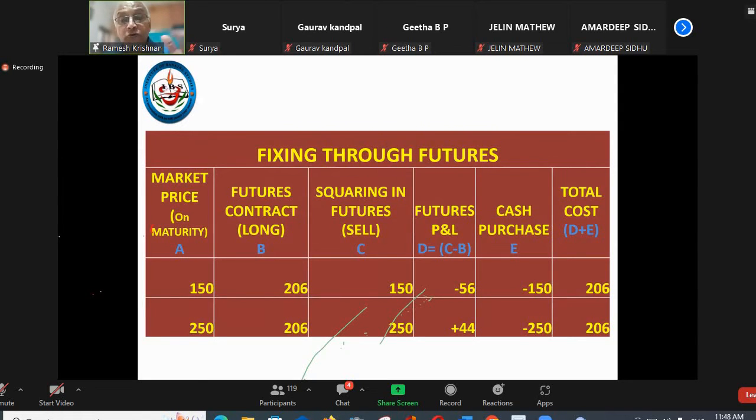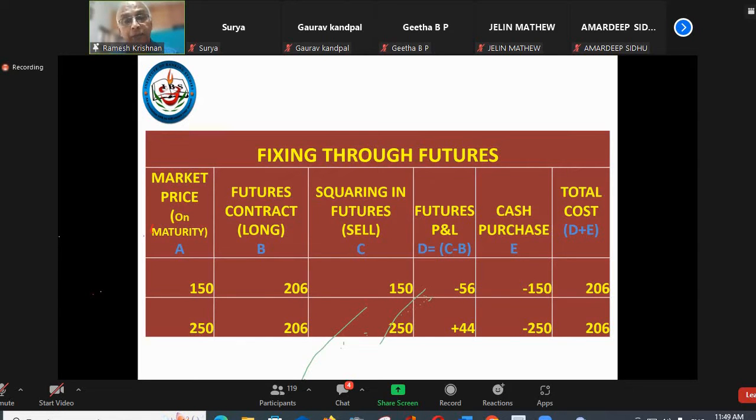Now the settlement procedure in the futures exchange is that nobody carries all the cement to the exchange and does a settlement and carries it back. It is only cash settled and net settled. If you have sold on the futures exchange, you will buy back on maturity date. If you have bought on the futures exchange, you will sell it back to the exchange on the maturity date.